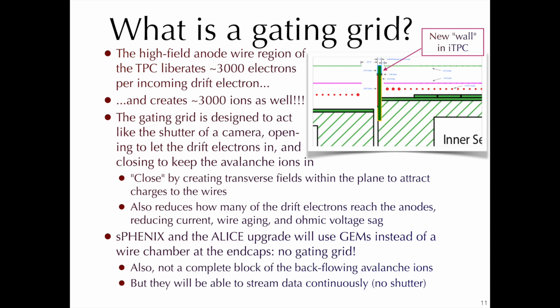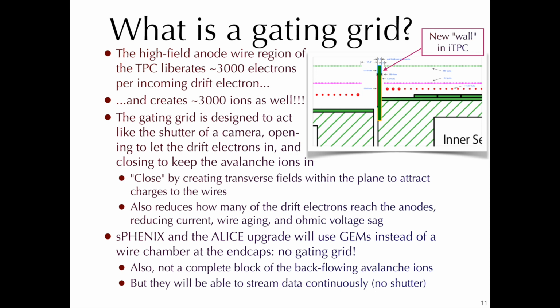Because we do it on every other wire, up and down from a distance, the gating grid doesn't look like it changes voltage when it opens and closes. The whole thing looks like it's at minus 115 volts unless you get up close to it. So when you're up close to it and it's open, all of the wires are at minus 115 volts. But when it's closed, one wire will be at minus 40 volts, and the next wire will be at minus 190 volts, and then minus 40 volts, and minus 190 volts.